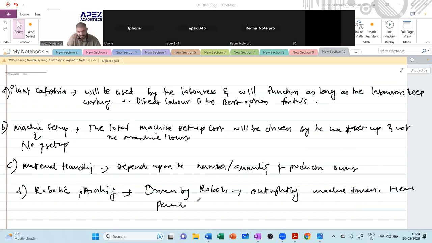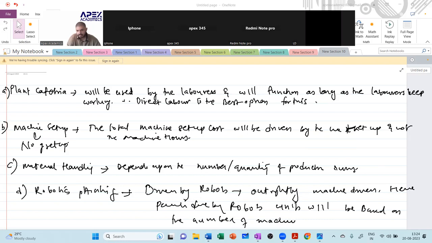Hence, painting done by robots per unit will be based on the number of machine hours.